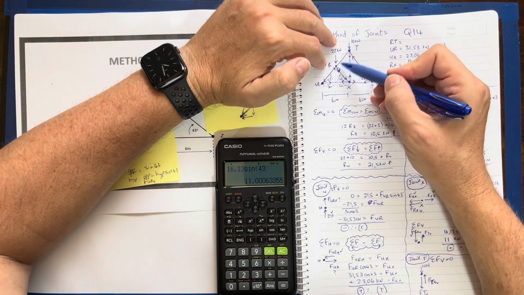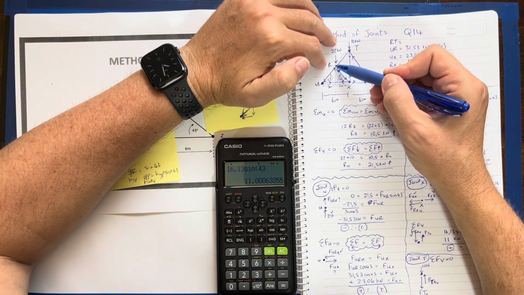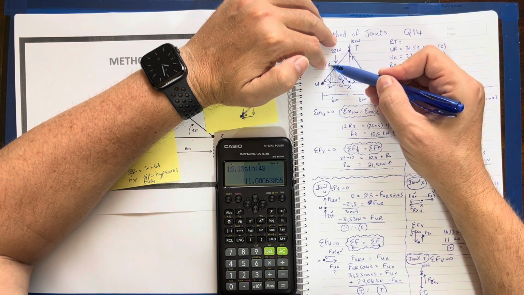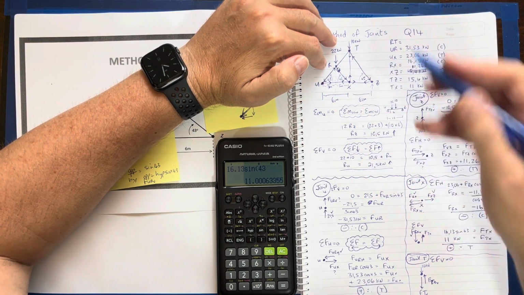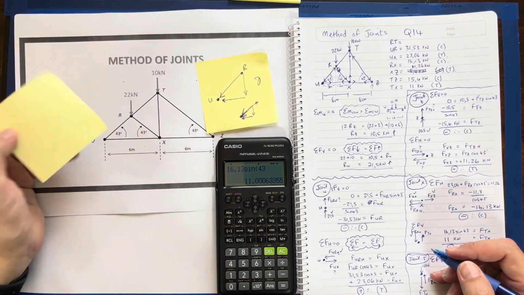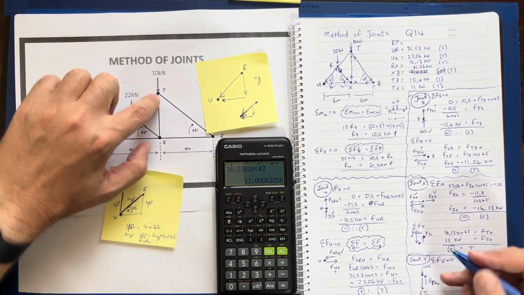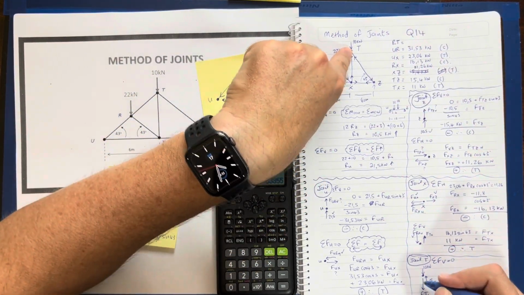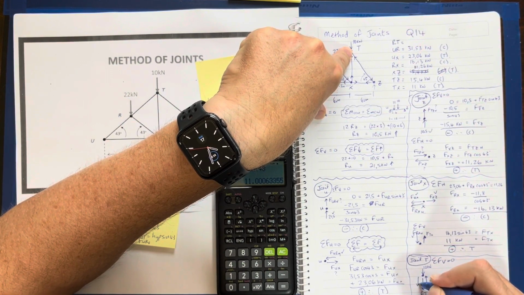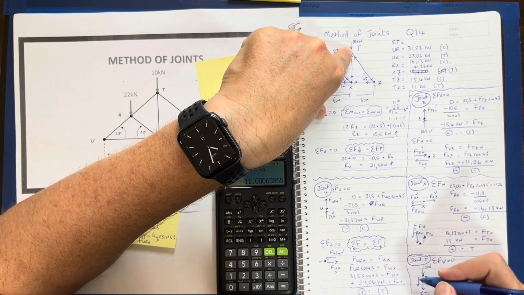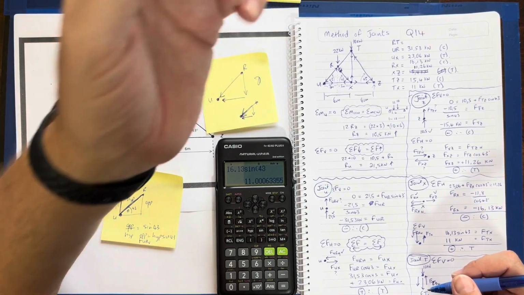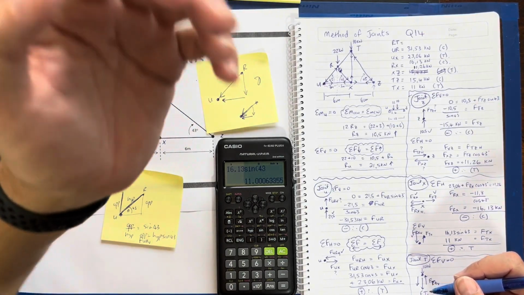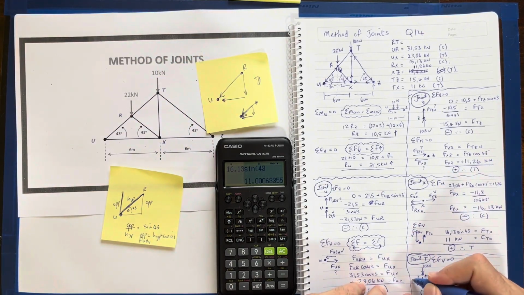And I don't know what the equivalent vertical of force RT is. So I'm going to assume force RT is going away from the joint, only because I don't know what it is. I'm going to assume it's in tension, therefore it's going to be positive. So therefore, force RT vertical.